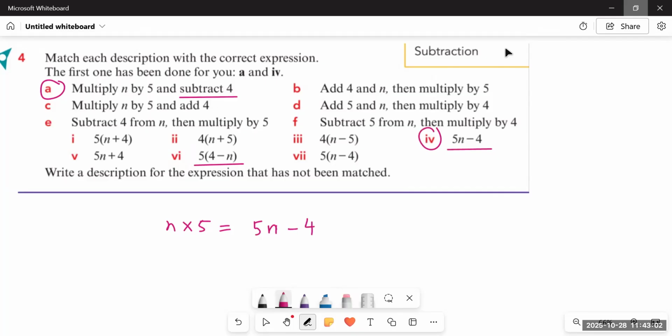Then part B says add 4 and n. So 4 plus n. So it becomes an expression. Then multiply by 5. So we do not have to multiply 4 by 5 nor n by 5, but we have to multiply it as a whole by 5. So what is the difference of multiplying 4 by 5 or n by 5 or 4 plus n by 5? Let me show you in terms of numbers.